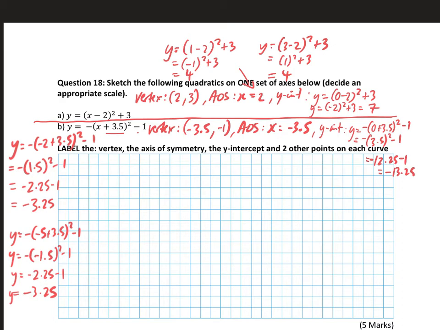I need to decide my axes. So the furthest down that I need to go is negative 13.25. The highest up I need to go is 7. The furthest out I need to go to the left and right, well, I used negative 5 here.